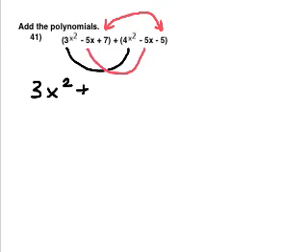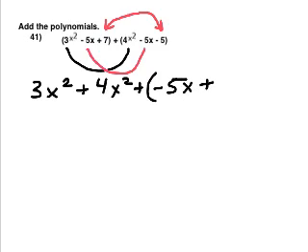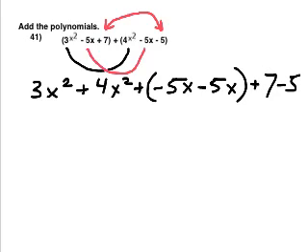So I have 3x squared plus 4x squared, and then I'll put a little parenthesis around the negative terms, minus 5x, minus 5x, just to keep the signs separate, and then plus 7 minus 5. Okay, so I've separated them all out and put the same kinds together, and now we just add them together.